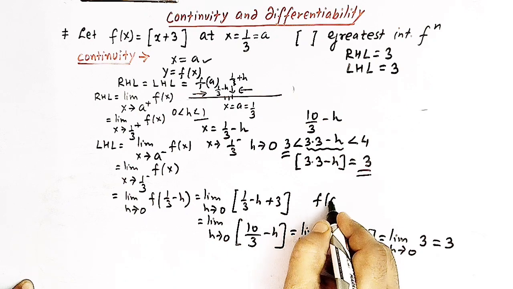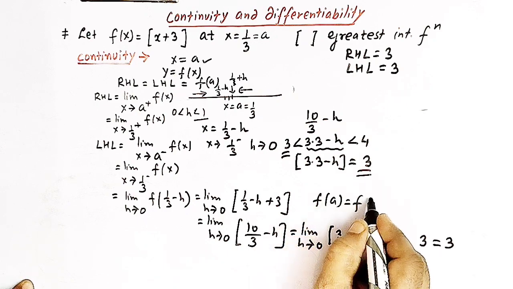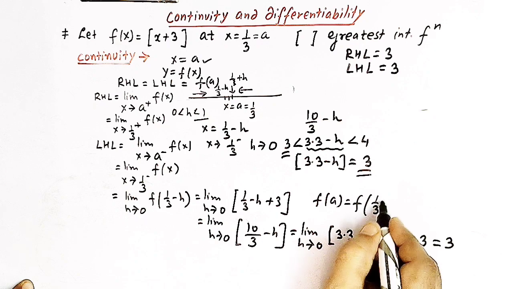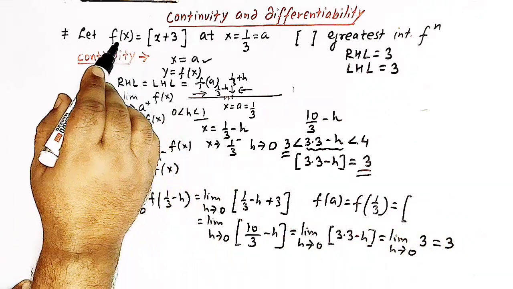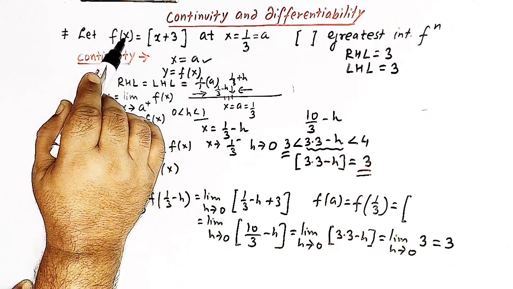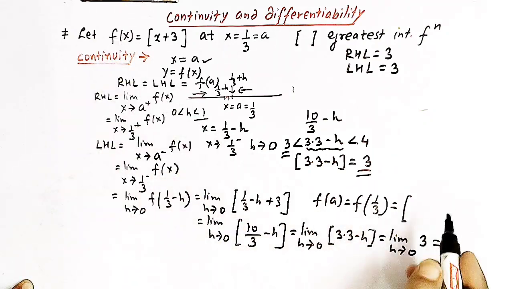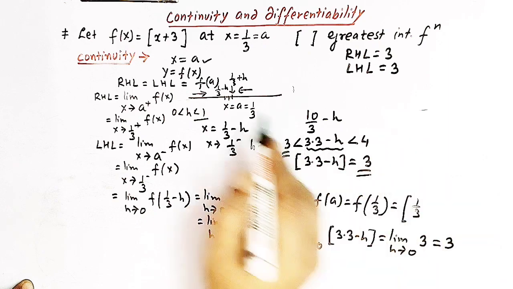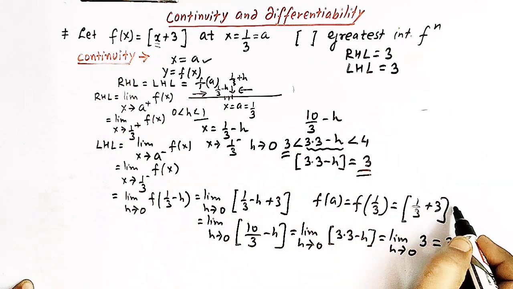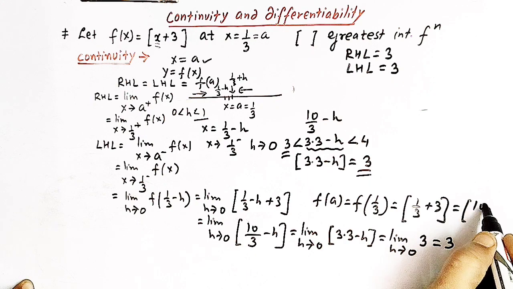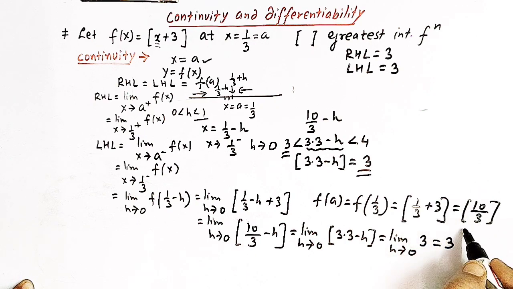So f of a is given by f of 1 over 3. So f of 1 over 3 can be obtained by replacing x by 1 over 3. So we have 1 over 3 here and plus 3. So this is the greatest integer of 10 over 3, and this is the greatest integer of 3.3, right?